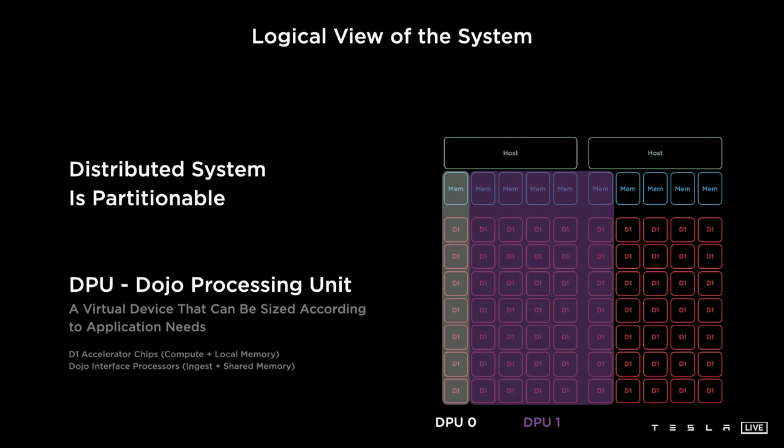A DPU consists of 1 or more D1 chips. It also has our interface processor and 1 or more hosts. And this can be scaled up or down as per the needs of any algorithm, any network running on it.